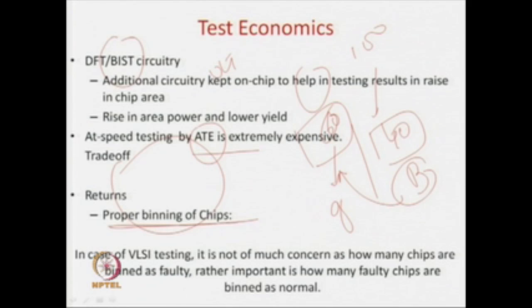Test economics gives me insight that in VLSI testing, the concern is not just how many chips are faulty. It is rather important how many faulty chips are binned as normal. If you bin a faulty chip as good and sell it to a person, the person will have a defective chip, which will bring a bad reputation to the country, because there is no scope of repairing a circuit.